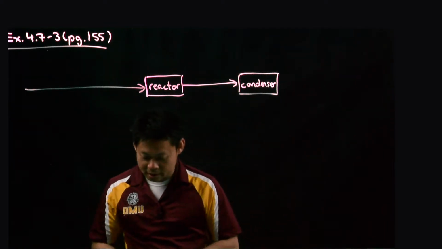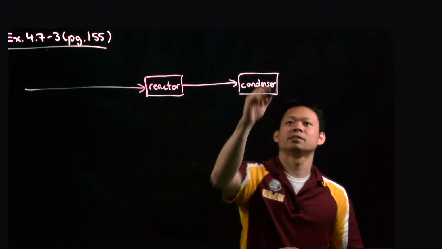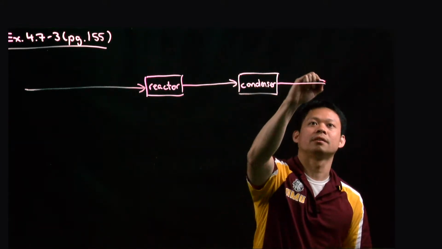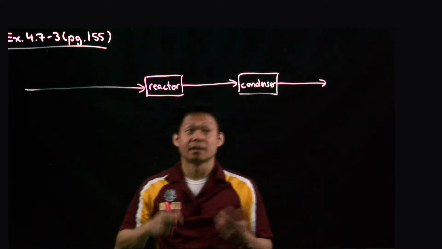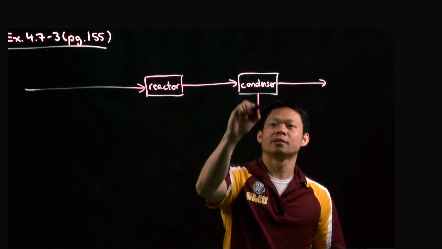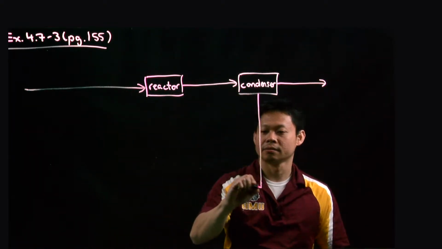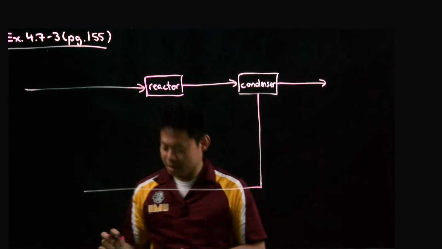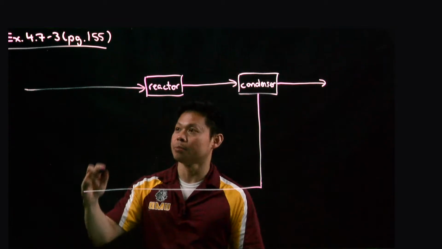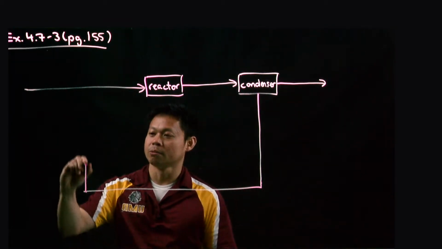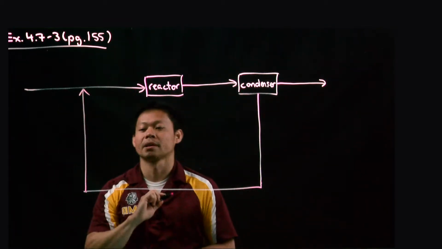We are told that it can remove all of the methanol and water, so it condenses all of the methanol and water, and none of the reactants and inerts. So the reactants and inerts are recycled back into the reactor. And this stream, in the very last line, it says it's recycled back to the reactor. It's going to combine with the fresh feed stream right here.